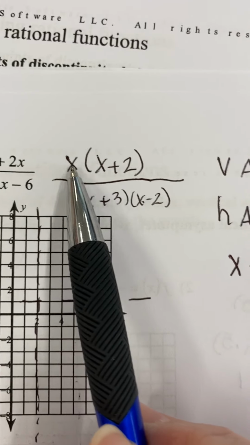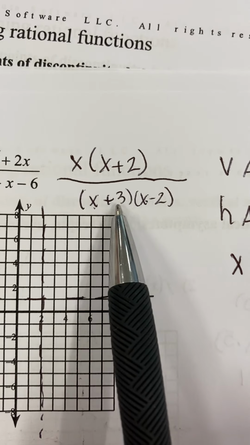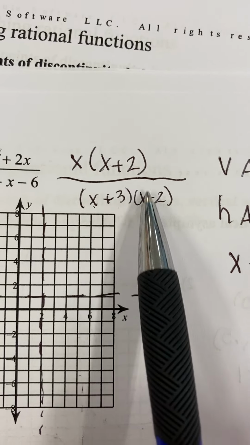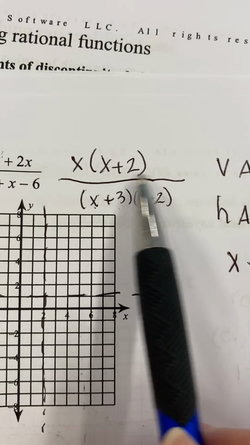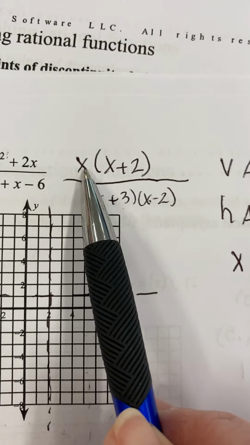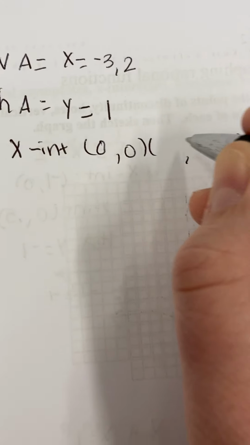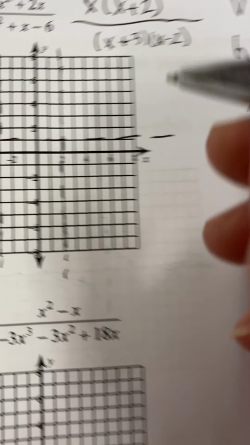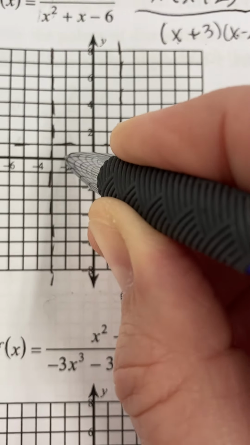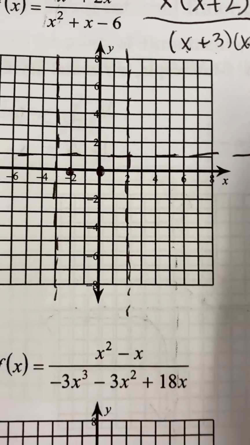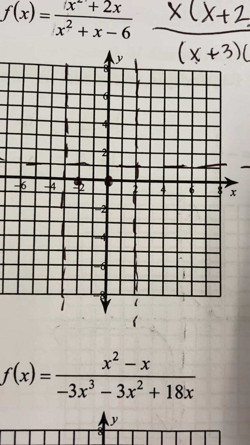So I'm going to look at what forces this top to be 0. Remember, it's undefined down here, that's why I have asymptotes, but I can have a 0 in the numerator. So at 0 and negative 2 are going to be here. So at (0, 0) and (negative 2, 0), I know I'm going to cross the axis at both of those.